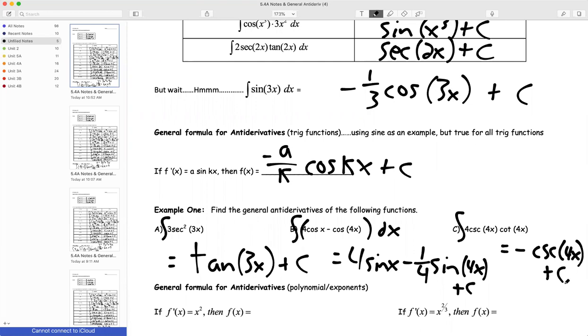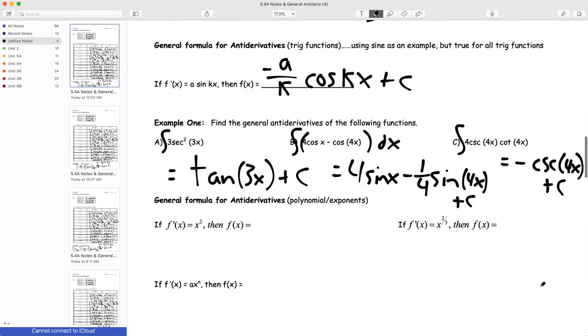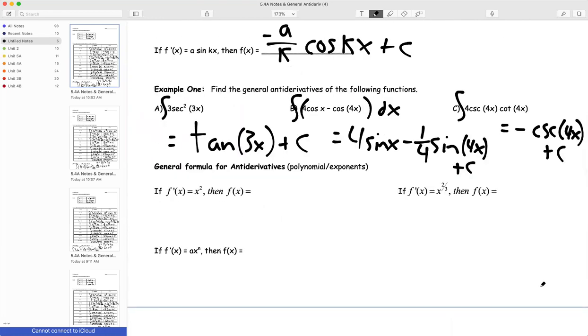If you have polynomials or exponents, we've seen this, but let me go back over the rules. The antiderivative of x squared, I add 1 to my exponent, and then I divide into the coefficient with the new exponent. So this would be x cubed, 1 divided by 3, plus c.